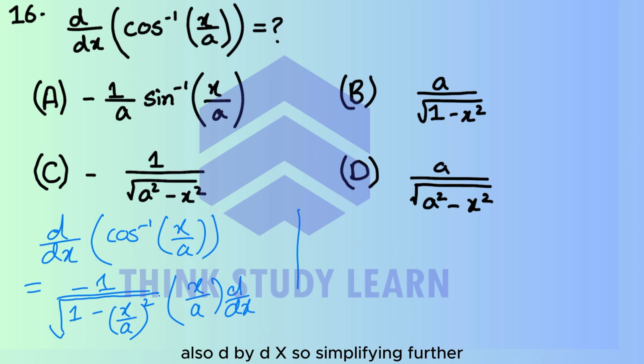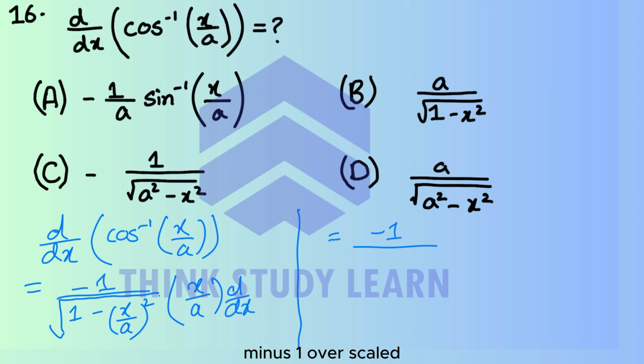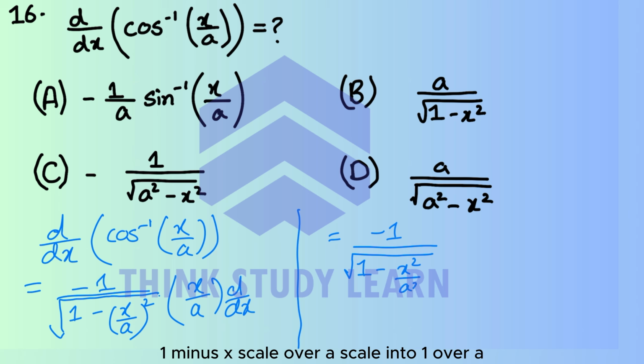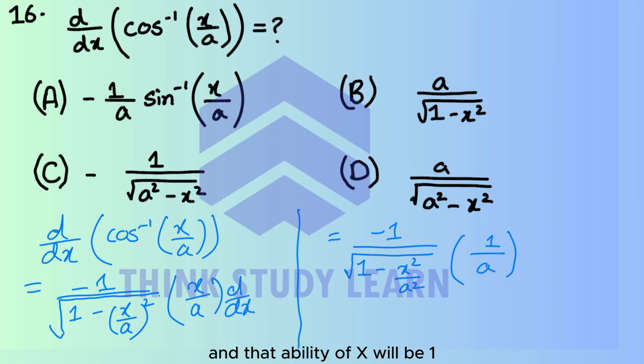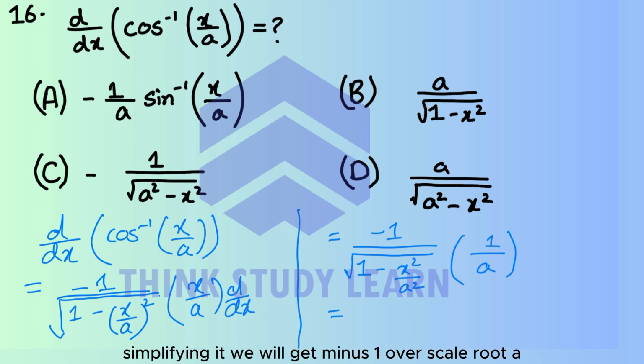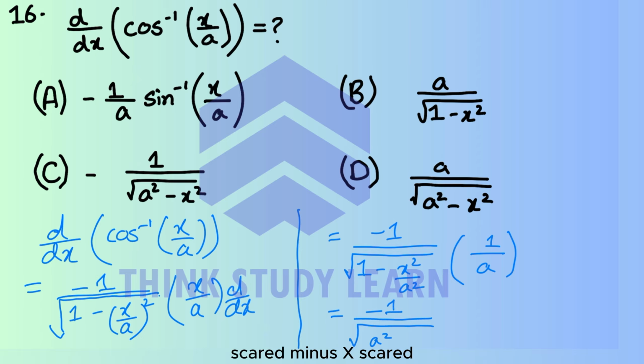So simplifying further, minus 1 over square root 1 minus x square over a square into 1 over a, because a is a constant and the derivative of x will be 1. Simplifying it, we will get minus 1 over square root a square minus x square. So C option will be the right answer.